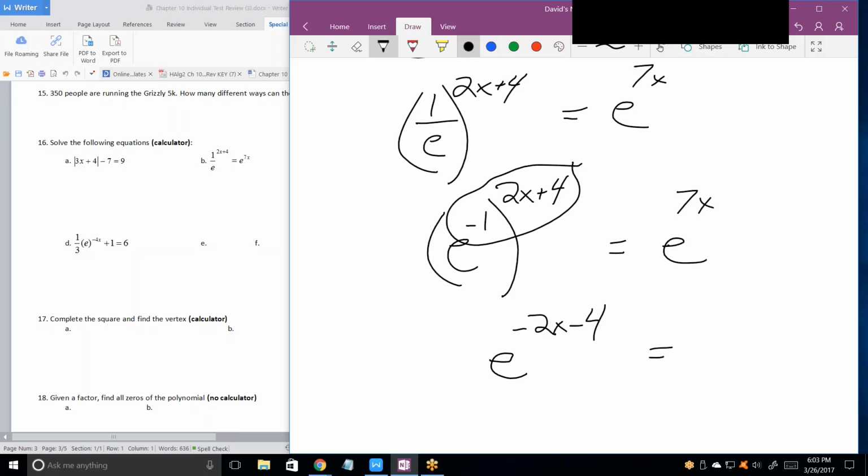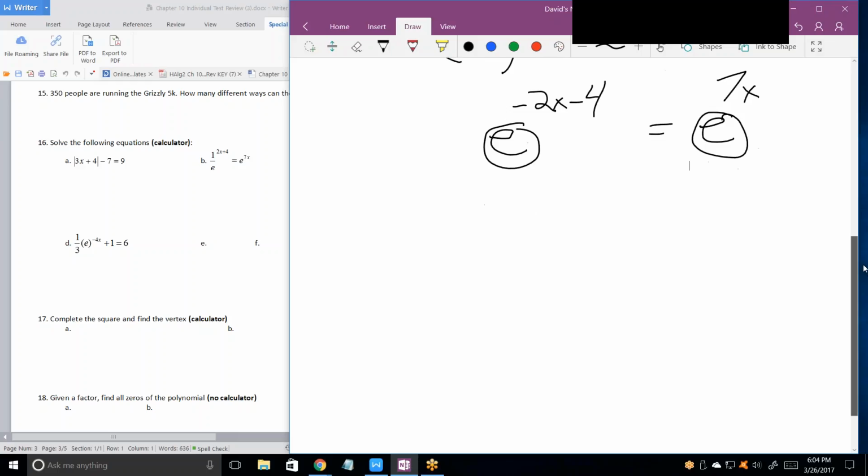That's still equal to e to the 7x. And now the most important thing is we've got the same bases. One is to one exponent and the other is to a different exponent. So what can I say at this point in time? That negative 2x minus 4 equals 7x. Yeah, the exponents have to be equal. It's the only way this can be a true statement.